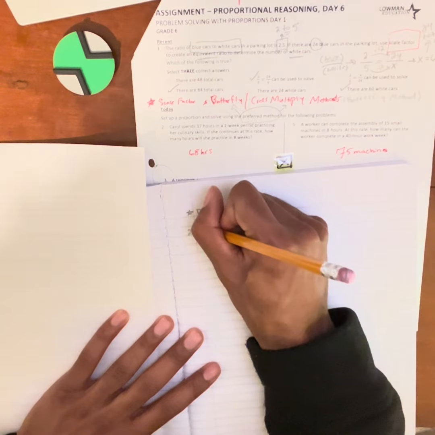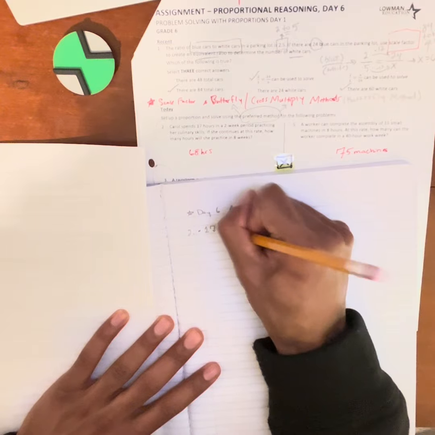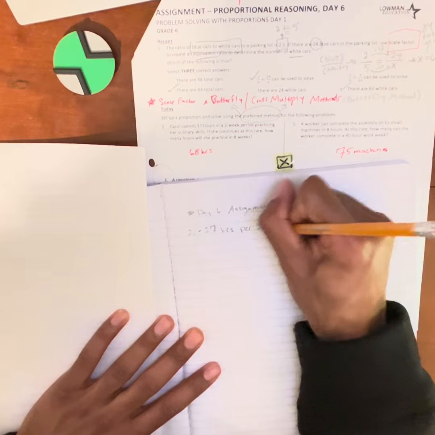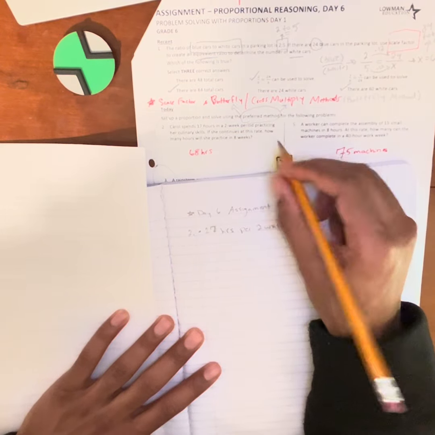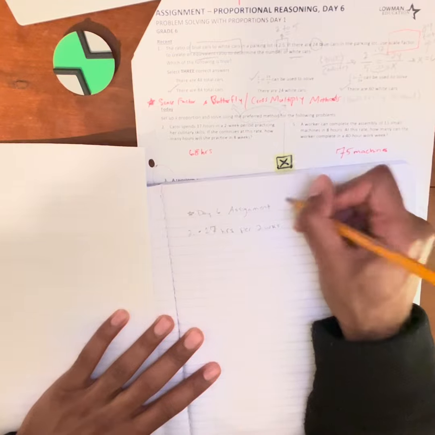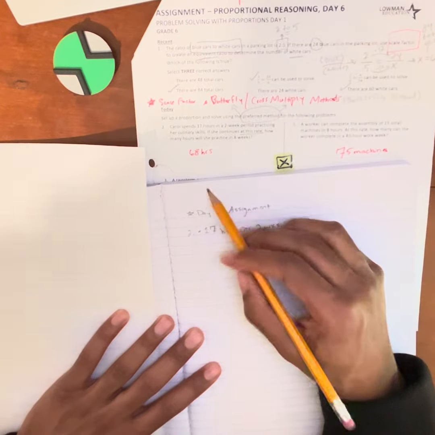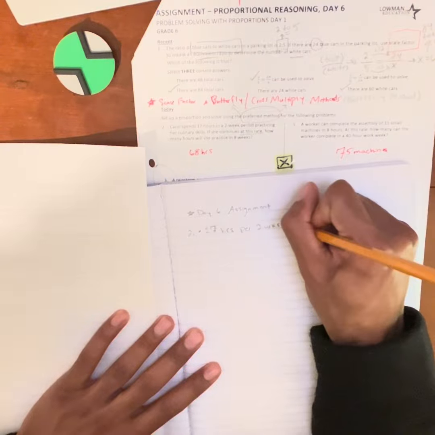Let's see. I see 17 hours per 2 weeks. And the question is, if she continues at this rate, so it's going to be an equality, how many hours will she practice in 8 weeks? How many hours per 8 weeks?